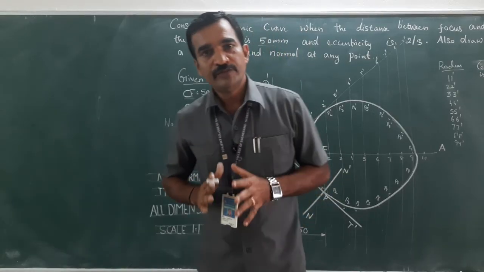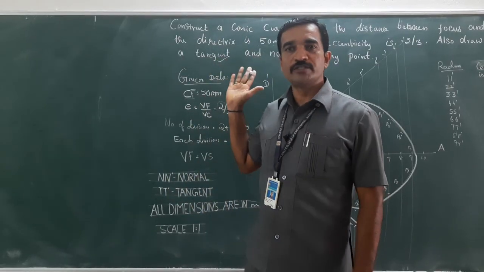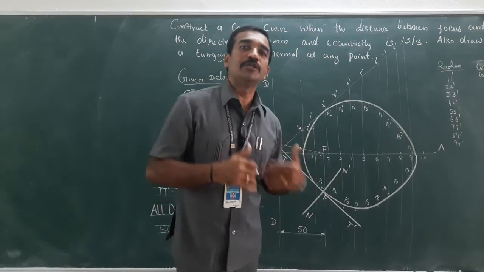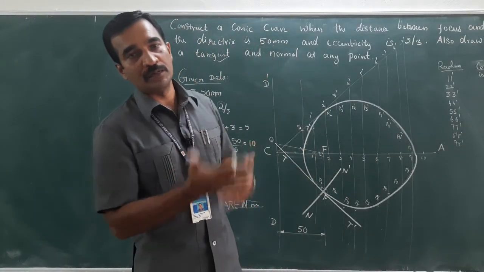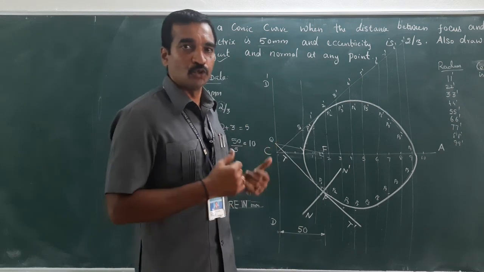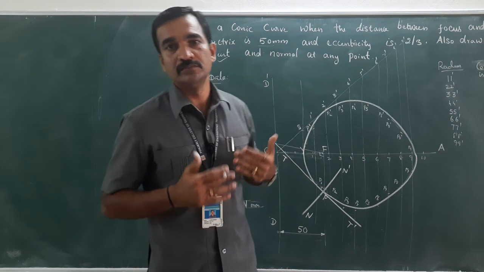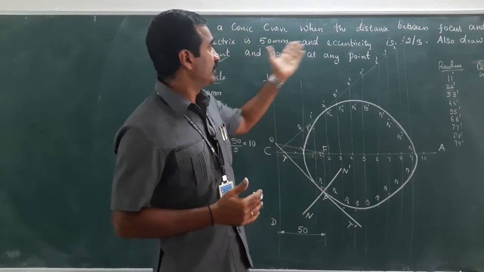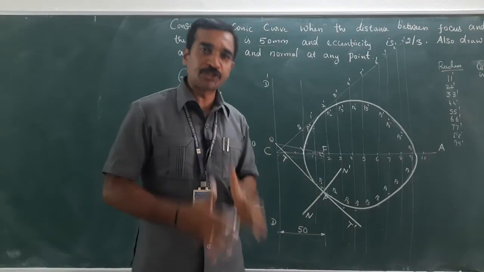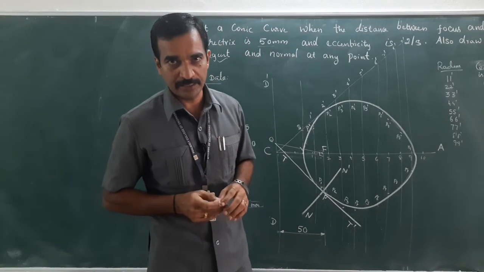You have to be very careful to choose the corresponding profile, or else whatever you draw may end up as some other curve. So you have to pay attention to choose the appropriate curve. Look at the eccentricity, it is less than 1, therefore it should be an ellipse, right?